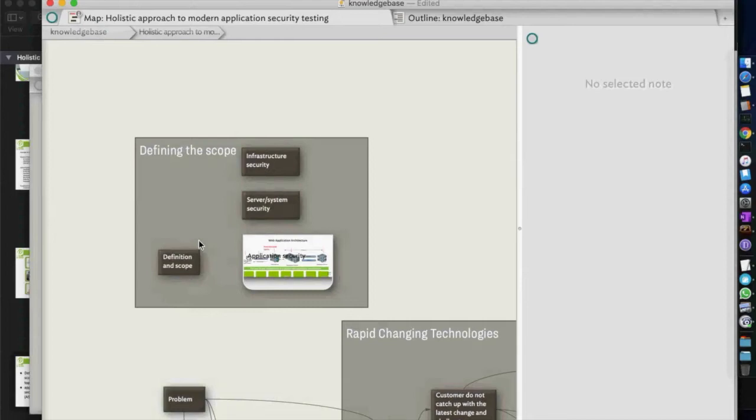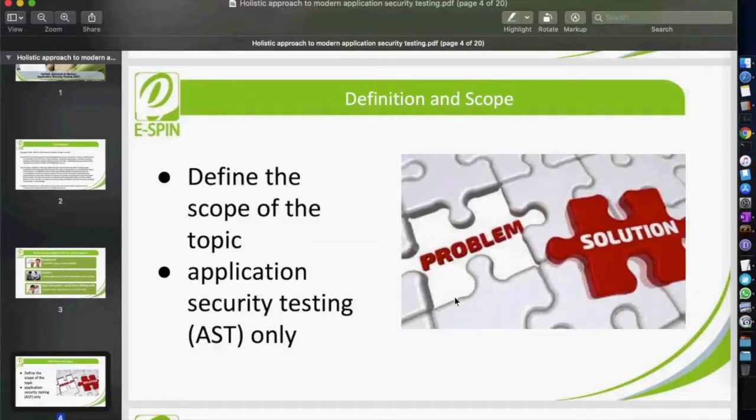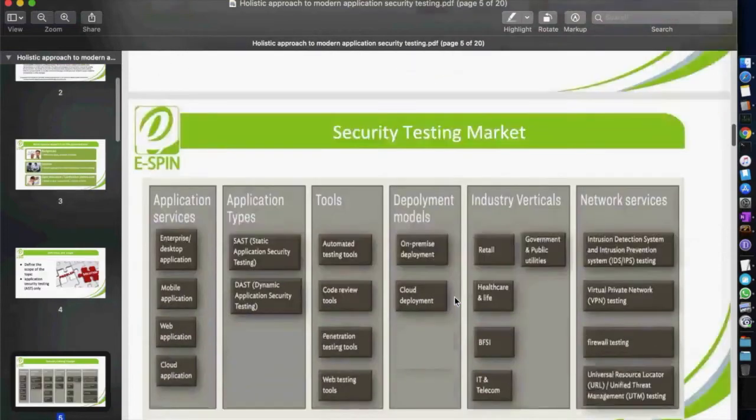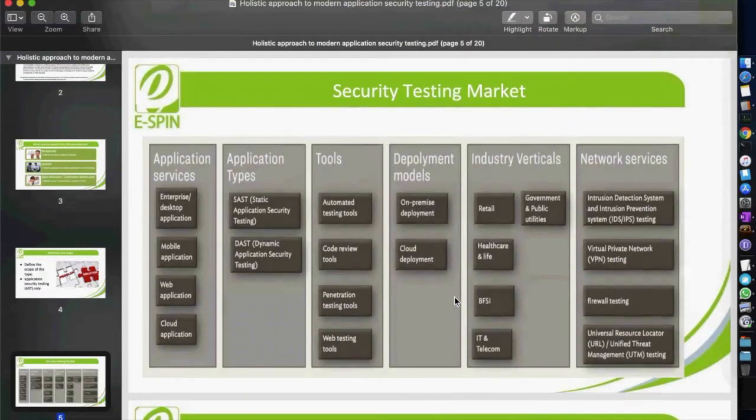One is infrastructure security, and then there is also the area covering server and system security. However, just like I mentioned before, we are specifically talking only about application security.